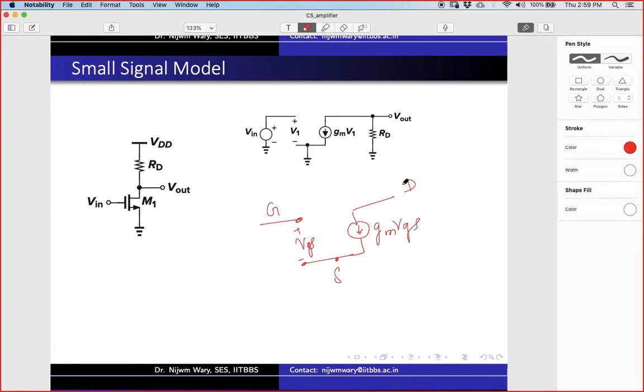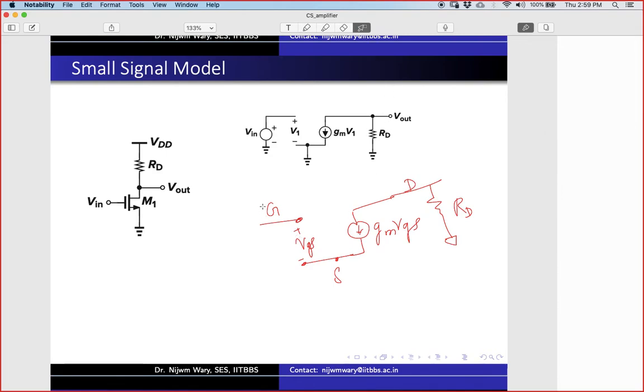We just need to use this model and put it here. And of course we have this RD here, so RD will be coming here. I have taken this diagram from the book. Instead of VGS, it has used this V1. So it is the gm V1 here, the current source, and the RD. So this is a clear picture.